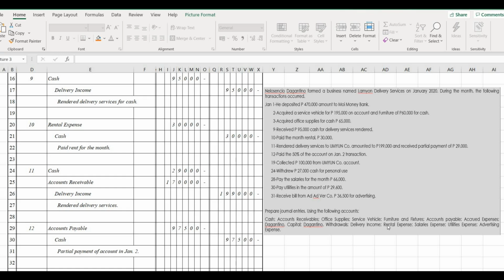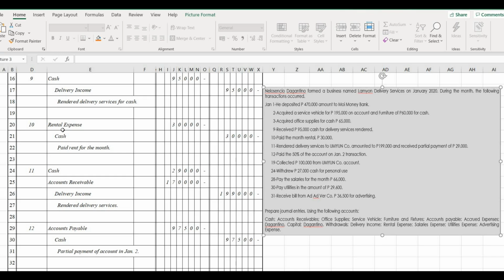So like for example here, I am using rental expense because I based that on the accounts as provided in the problem. So if there are account titles na provided, you have to follow the account titles being given. So just to be consistent in your record keeping.